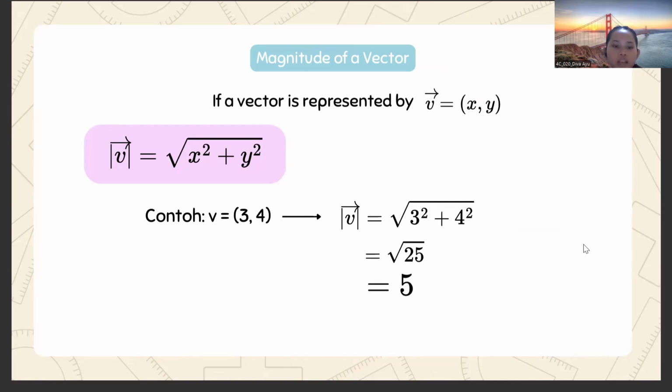For example, if the vector is (3, 4), then its magnitude is the square root of 3 squared plus 4 squared, which equals the square root of 9 plus 16, or the square root of 25, which is 5. So the magnitude of the vector (3, 4) is 5.